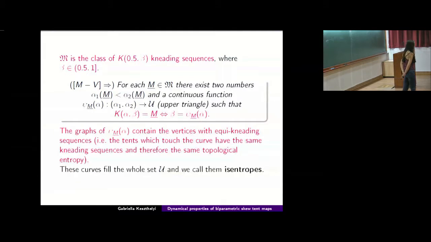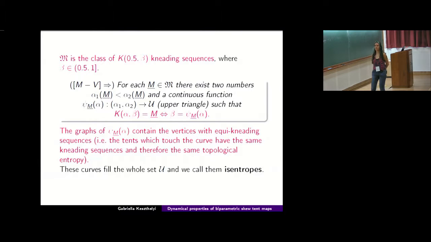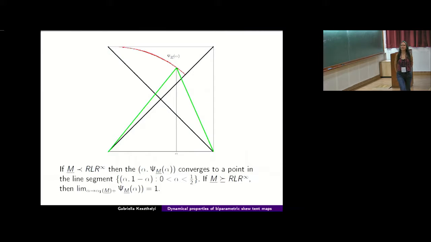I denote the kneading sequences of the upper triangle with that Gothic M. If we take a kneading sequence m from this Gothic M, then there will exist an alpha 1 and alpha 2 and a continuous function psi_m, which goes from the interval alpha 1, alpha 2 to the upper triangle, and K(alpha, beta) equals this kneading sequence m if and only if beta equals psi_m(alpha). What does this mean? I will explain. For now, just look at the nice picture.